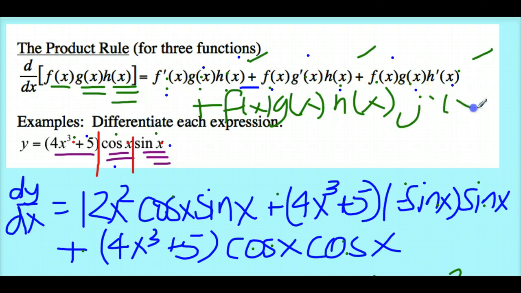Let's say it's j prime of x. I would have to multiply all that in these sections as well. But typically, we deal with problems that have 2 products or 3 products.